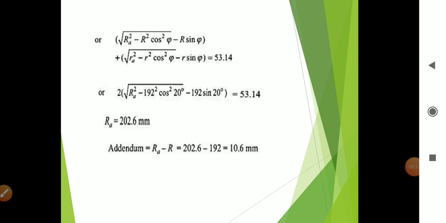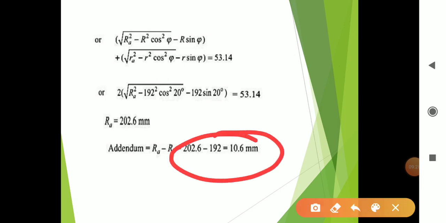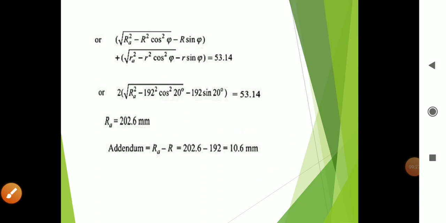So that is 202.6 minus 192, equal to 10.6 mm. This 10.6 mm is the addendum. This is our final finding. Okay, the problem is solved.